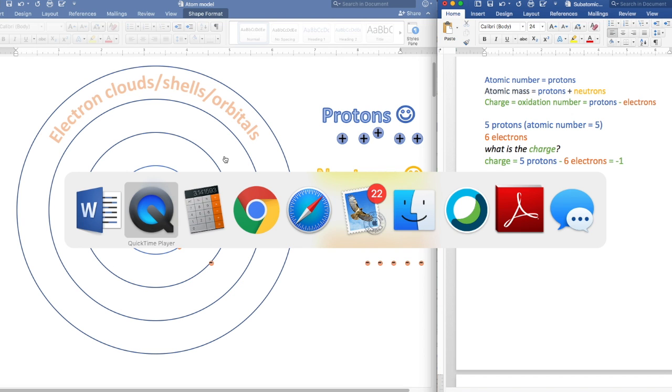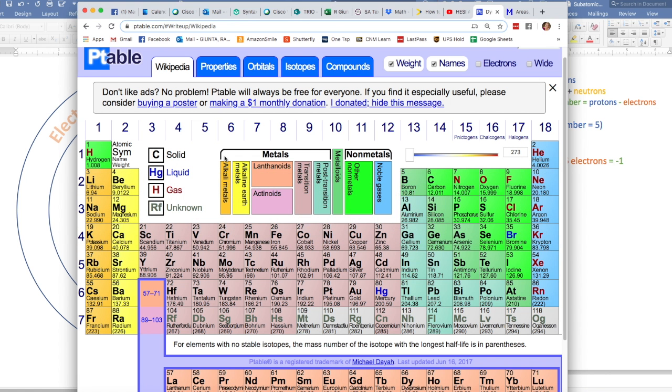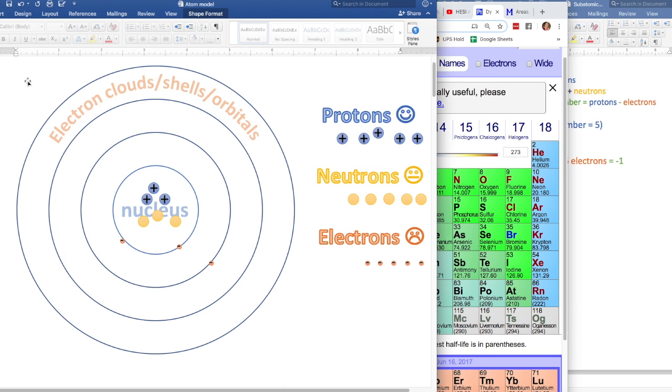For that we would look at the periodic table. The atomic number is always a whole number, and they go sequentially across the periodic table. So atomic number 3 is lithium, which tells us that this is a model of the element lithium.